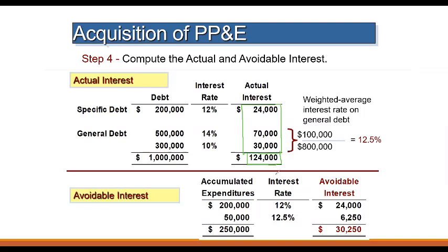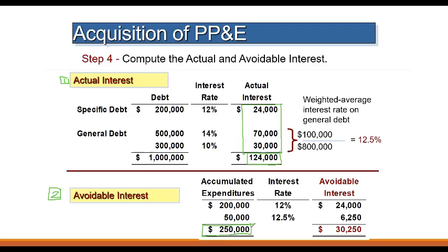This is the actual interest, and this is the first to be calculated. The second is the avoidable interest. What was the weighted average accumulated expenditure? It was 250, as you can see here.